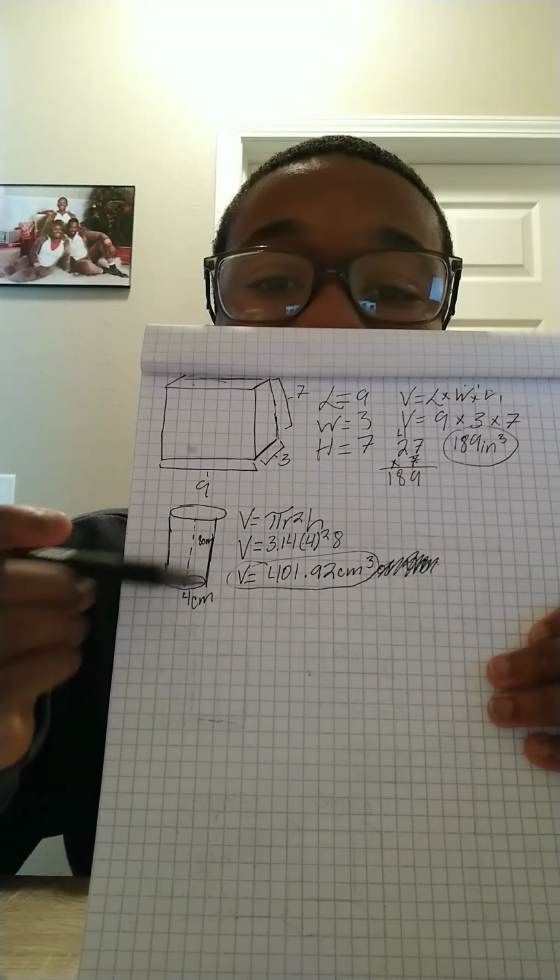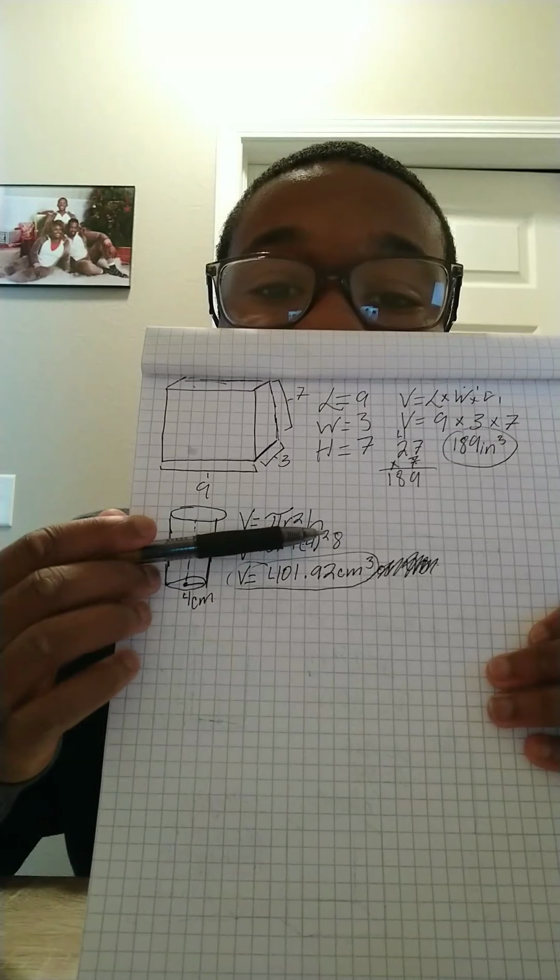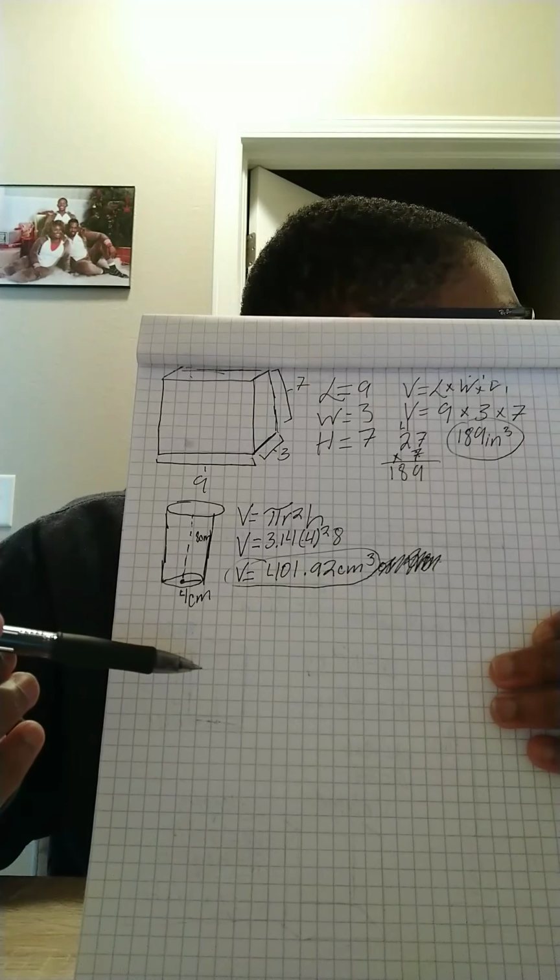Okay, hopefully you had enough time to get the volume. If you did, you could just pause the video or whatever. But if you're to do this right, which we said that our equation was 3.14 times 4 squared times 8.